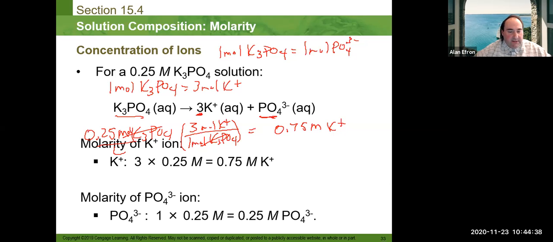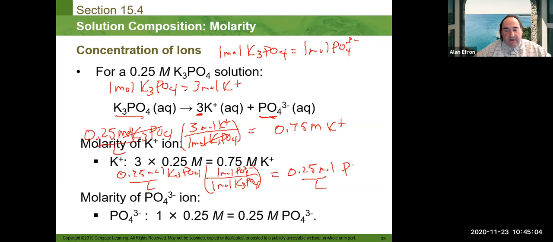Just to show the longer calculation, 0.25 moles per liter of the whole thing, using the formula as a conversion factor to get rid of the whole thing, we get 1 mole of it to 1 mole of phosphate. Essentially multiplying by 1, which gives us our 0.25 moles per liter of phosphate.